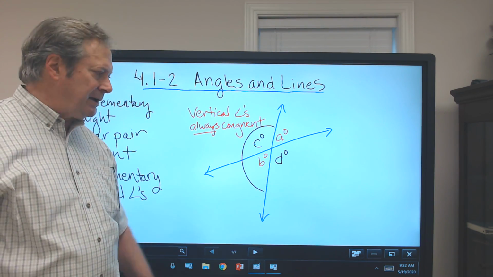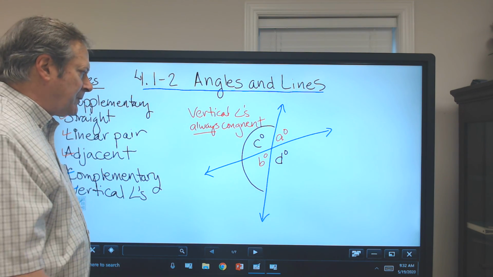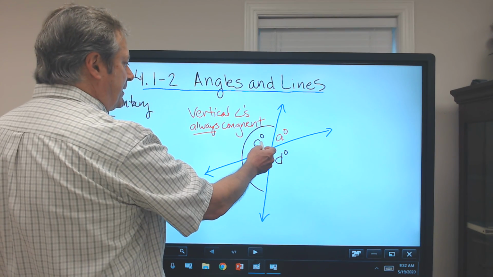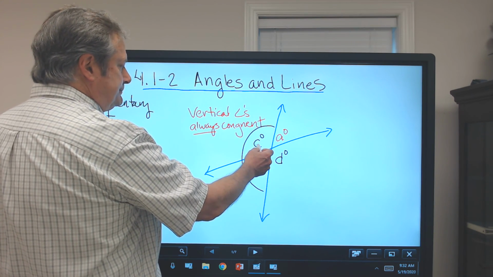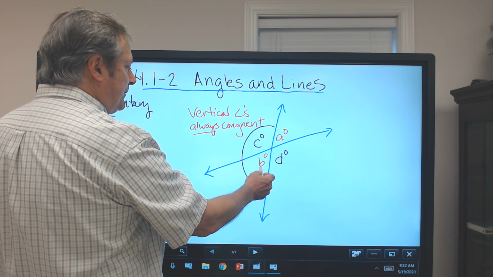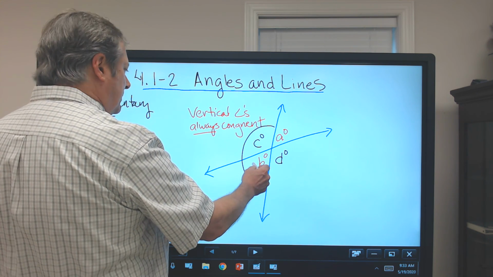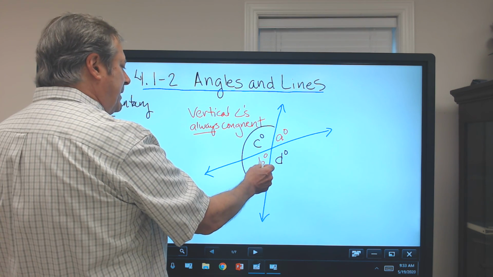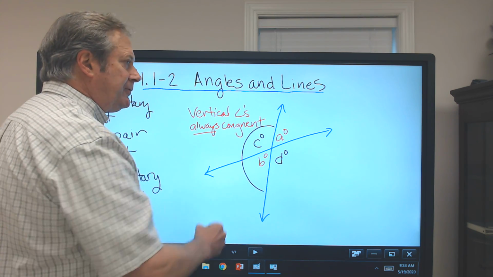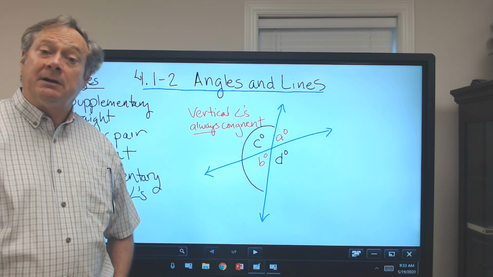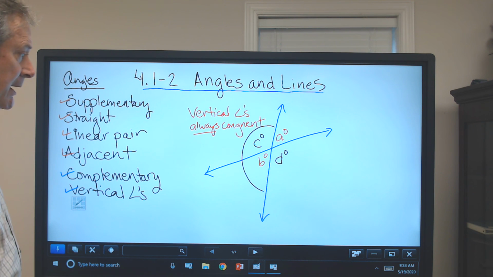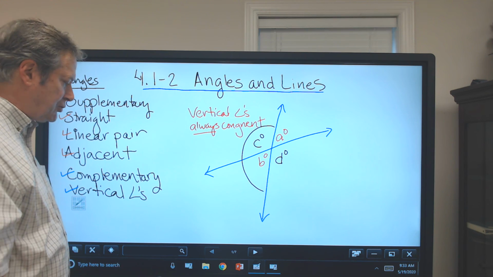They form a straight line, which means they're 180. So for instance, if we said angle B was 60, C would be 180 minus 60, or 120 degrees. That'll come in handy very shortly.